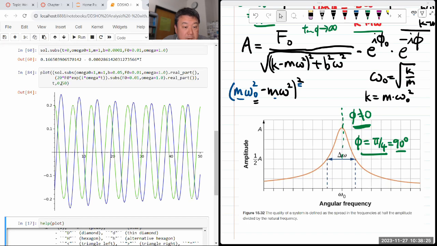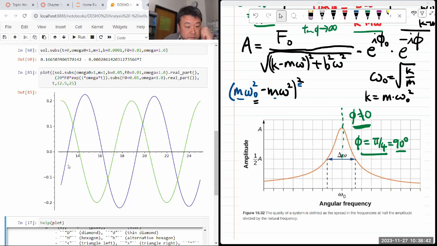So let's see. We'll plot from, let's say, 12.5 to 25. I think that'll catch a few cycles. Or 14, 15, 13.